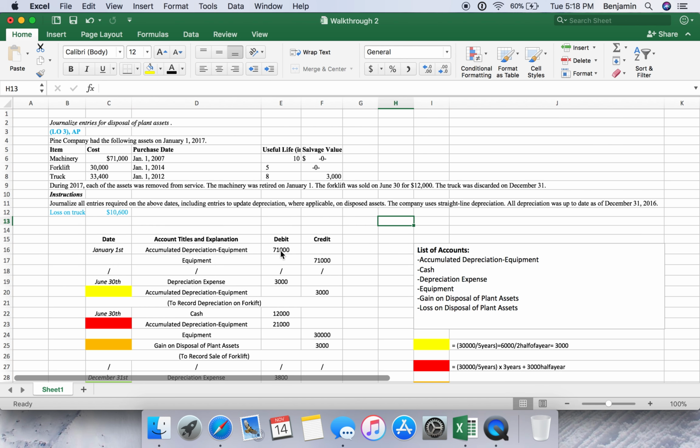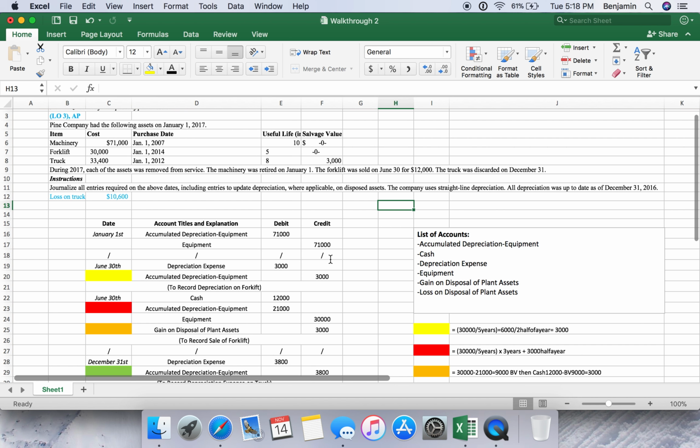So we put in accumulated depreciation on equipment, and we debit that account for $71,000. Then in order to cancel out the debit, because we have to have both sides equal, we need to credit an account, which is equipment. That way our assets and our liabilities and everything will be balanced. So that takes care of the first piece of equipment.